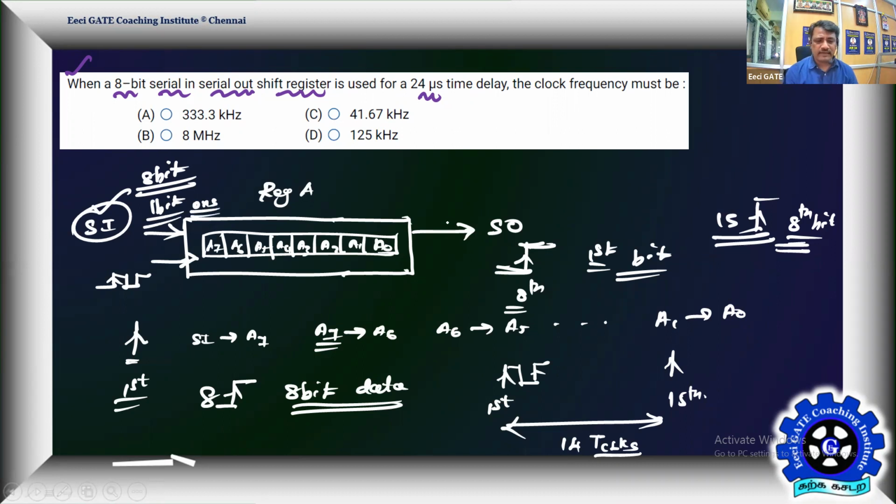After what time is it available here? After the 8th clock edge. On the first clock, the data goes to A7, then to A6, and so on: second clock here, third, fourth, fifth, sixth, seventh, eighth clock, the data will be here. So it needs a minimum of 8 clocks to get the data.